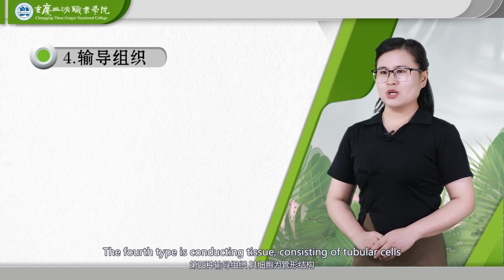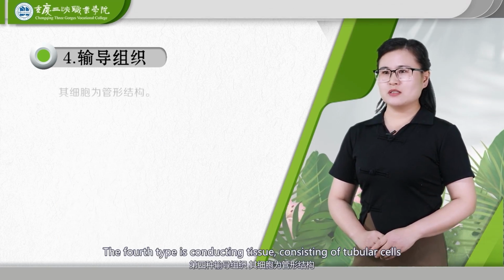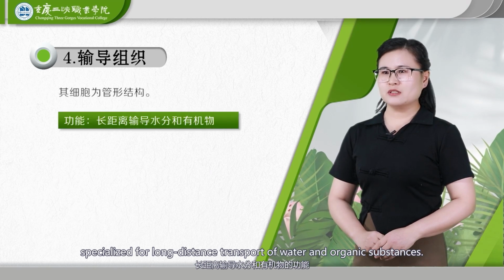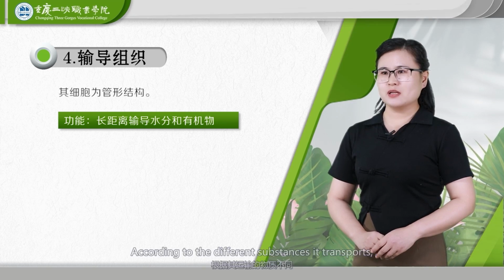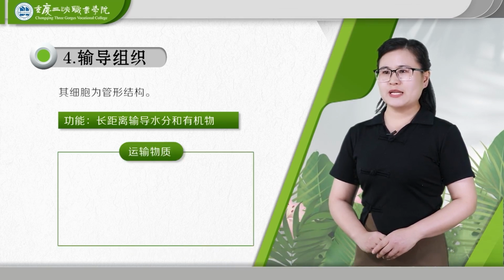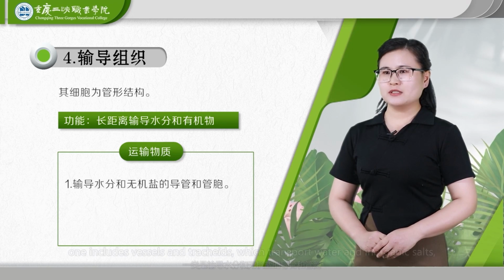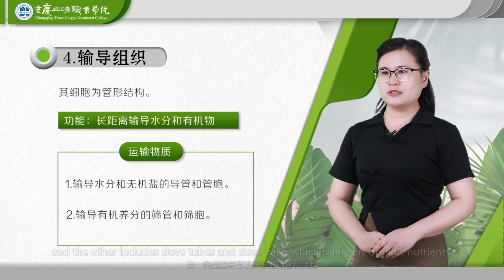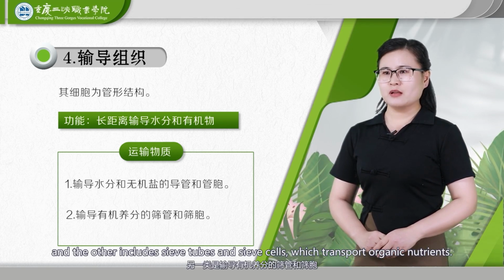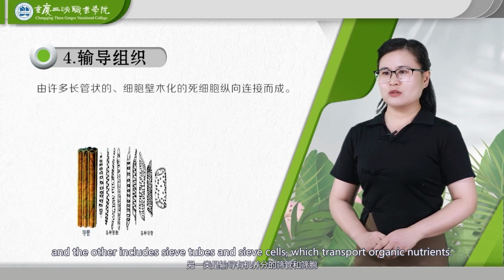The fourth type is conducting tissue, consisting of tubular cells, specialized for long-distance transport of water and organic substances. This differs from the transfer cells mentioned earlier. According to the different substances it transports, it can be divided into 2 categories. One includes vessels and tracheids, which transport water and inorganic salts, and the other includes sieve tubes and sieve cells, which transport organic nutrients.